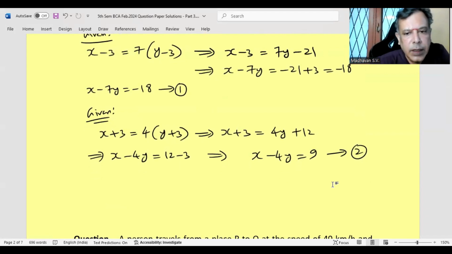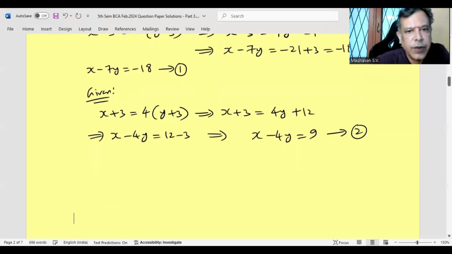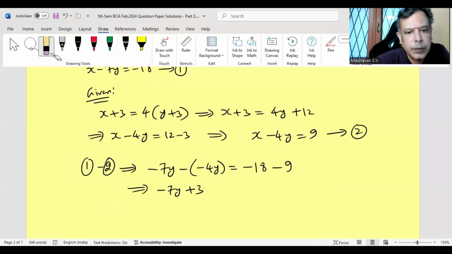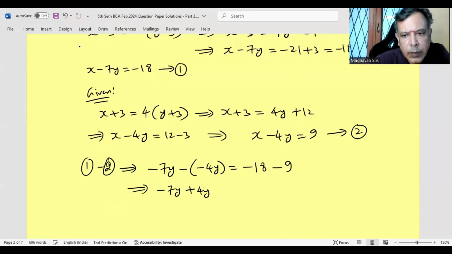Now let us subtract first and second equation. X and X get cancelled. Minus 7Y minus of minus 4Y is equal to minus 18 minus of 9. So that becomes minus 7Y plus 4Y is equal to minus 27.